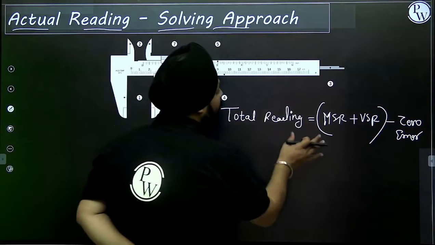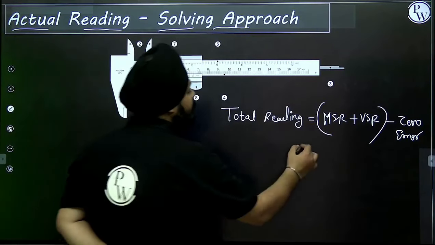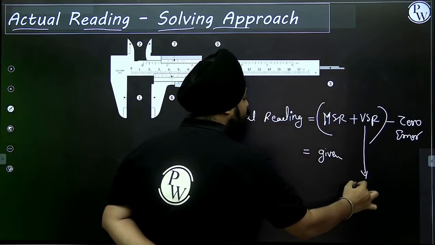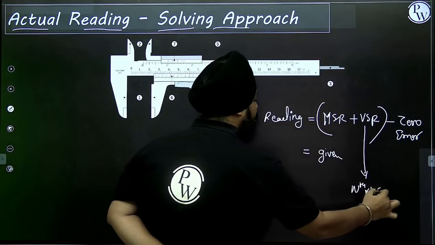In this case, when talking about the total reading, the main scale reading is always given. The Vernier scale reading is always the nth division coinciding, into the least count.